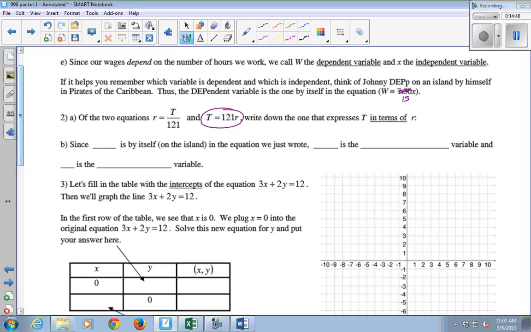T. T is by itself on an island with Johnny Depp, right? So in that equation, T equals 121R, T is the dependent variable. It depends on the value of R. Right? So R is called what variable? The independent variable.